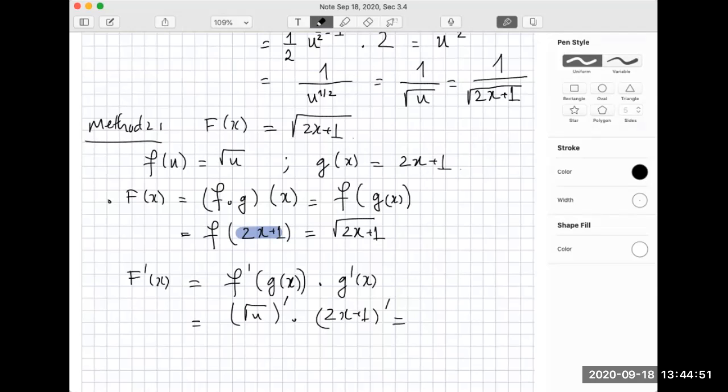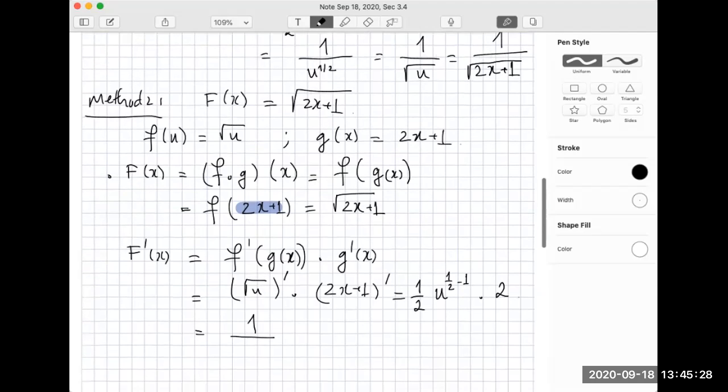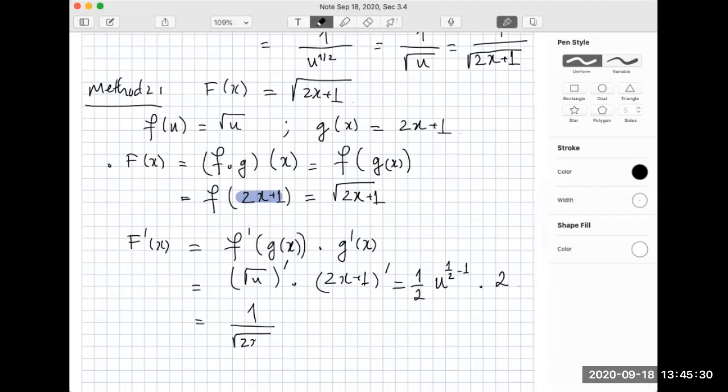And similarly, square root of u means u to the 1/2. Take the derivative of that, gives us 1/2 u to the 1/2 minus 1. And g prime here gives us 2, right? And finally, we do the similar things. Finally, we have 1 over square root of 2x plus 1.